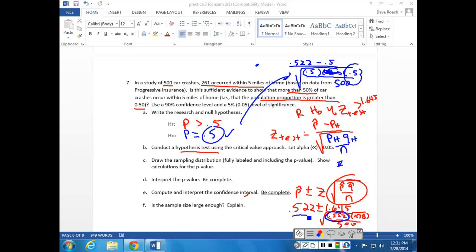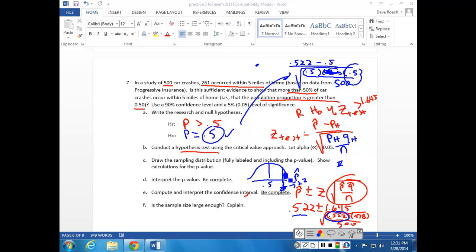In this one, if you were using the p-value, again, I'm not going to, we are about out of time here. The middle of this is going to be the 0.5. 0.522 is right here. And the p-value is here.